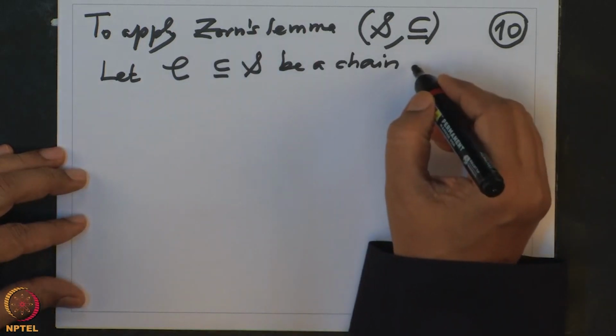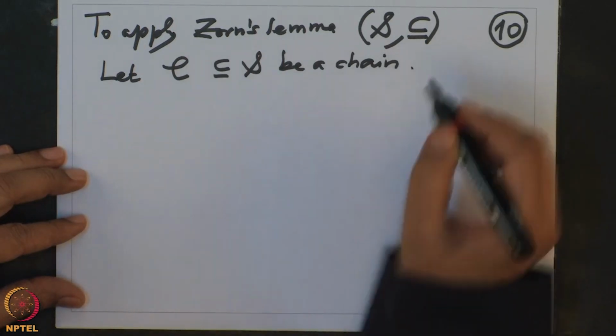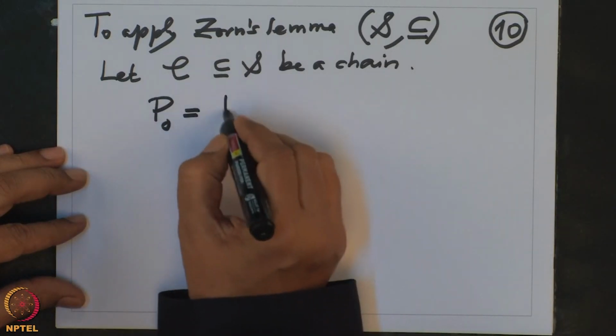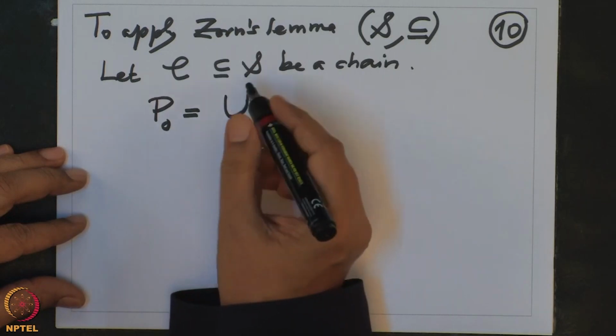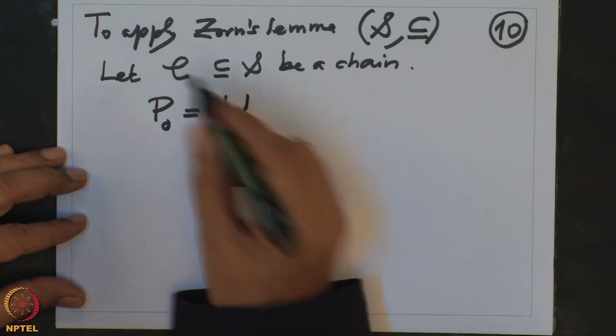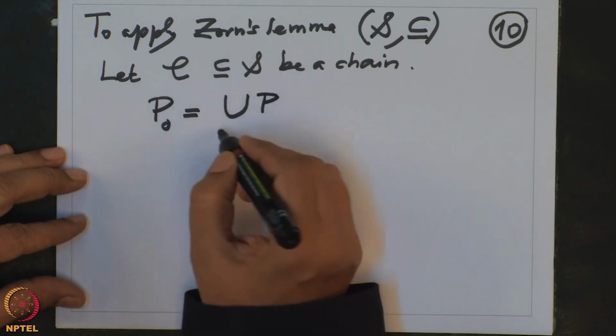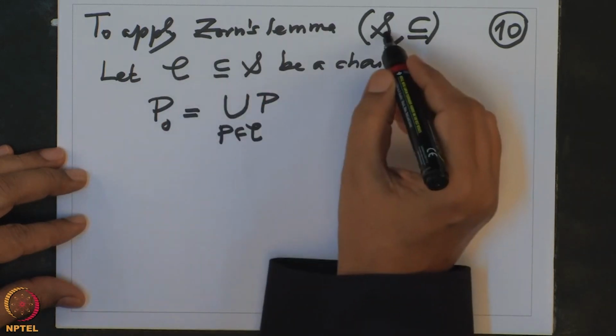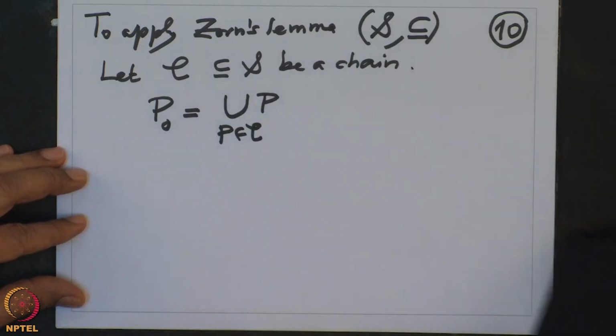Then look at P0. P0 is by definition the union of all the elements which are occurring in this C, P where P is in C. See, elements of C are elements of S which are submodules with some property.